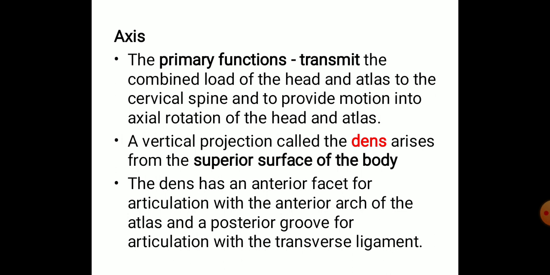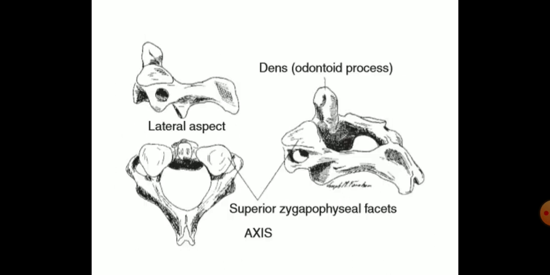As in atlas, the primary function of axis is also to transmit the weight of the head to the vertebrae, and because of this dens process, it also has the function of rotation. A vertical projection called the dens arises from the superior surface of the body. The dens has an anterior facet for articulation with the anterior arch of the atlas and a posterior groove for the transverse ligament.